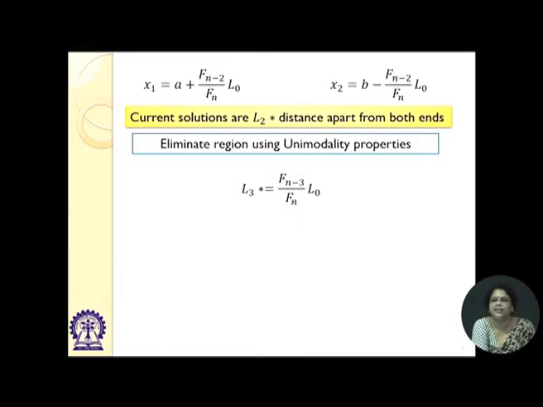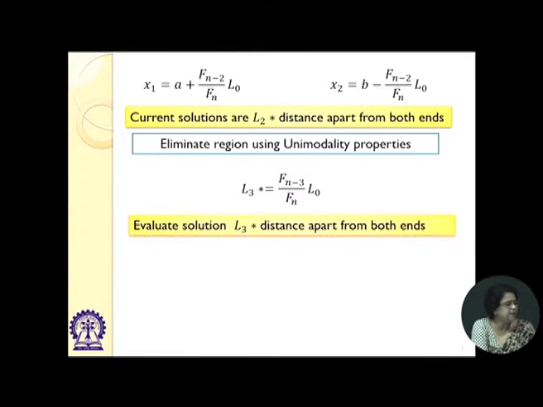I will calculate L3 star, and my guideline says that in the new interval of uncertainty, take a point so that the current solution, meaning the new solution x3, and the solution from the previous stage must both be L3 star distant apart from both the ends. Then I will find L4 star. The current solutions must be L4 star distant apart from both the ends. This way I will proceed.